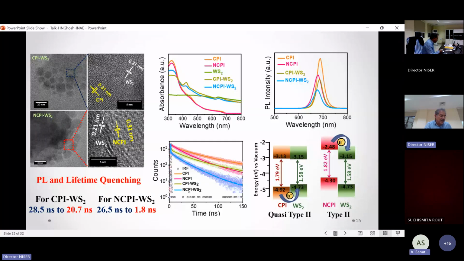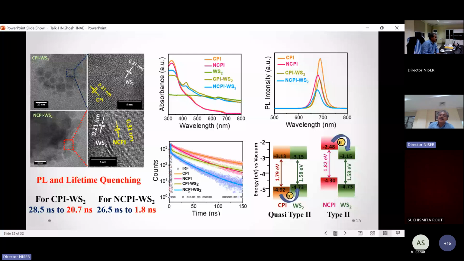So what is happening here? You can even see the luminescence lifetime. In the case of nickel-doped material and WS2, the decay dynamics is much faster. It suggests that electron transfer is more facilitated.